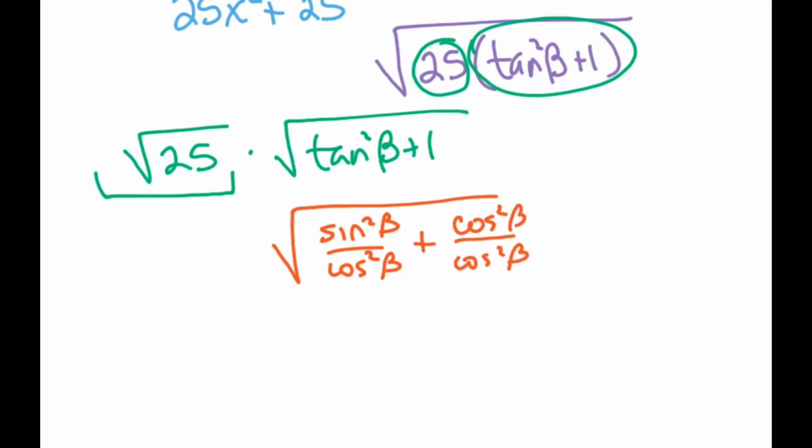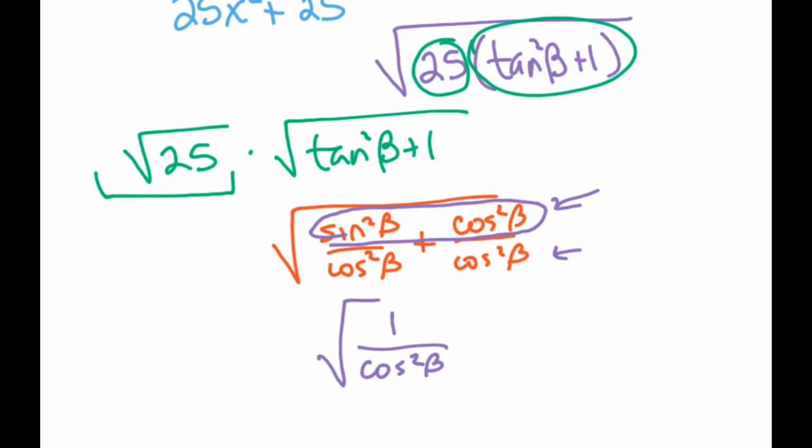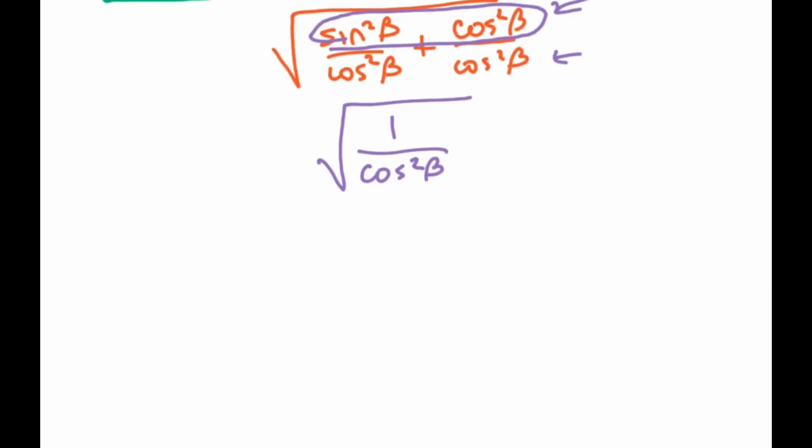Okay, so looking at this, since I've got common denominators, I'm just going to have the 1 fraction. And on the top, sine squared beta plus cosine squared beta. Hopefully you're getting used to this by now. But sine squared beta plus cosine squared beta is 1. So now I need to do the square root of 1 over cosine squared beta. That is equal to 1 over cosine beta.